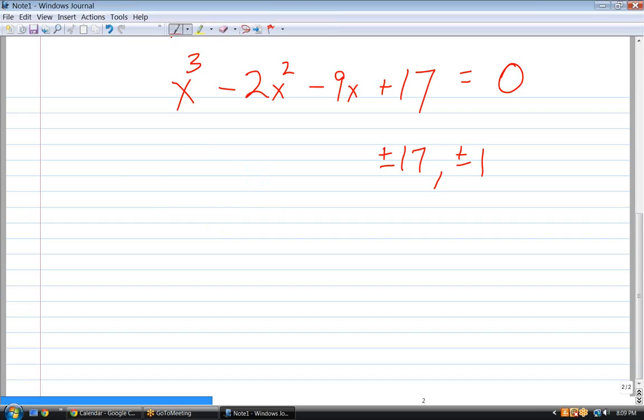Now what do I do? I find it quite interesting that these numbers here don't have any bearing on the rational factors. In other words, doesn't it seem strange that we can change these numbers and that these are still the only 4 possible solutions for a rational solution? How do I test to see whether or not one of them is a 0?